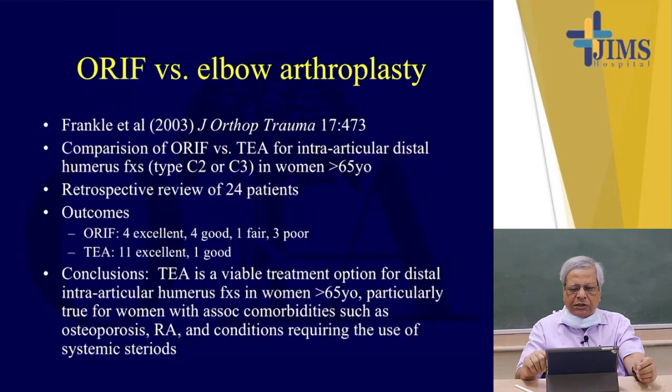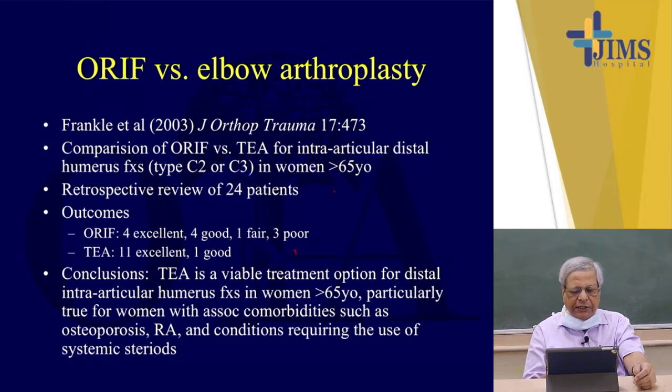Total elbow arthroplasty versus open reduction. Of course, with open reduction, you can see the outcomes here in very elderly people, grossly comminuted fractures in women more than 65 years: total elbow arthroplasty, 11 excellent, 1 good.